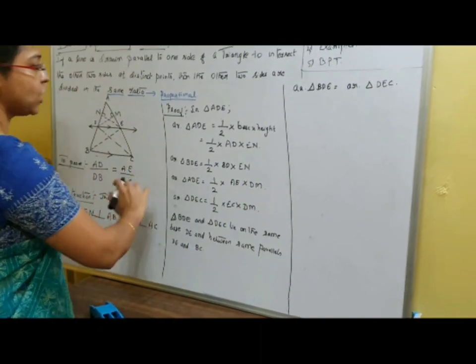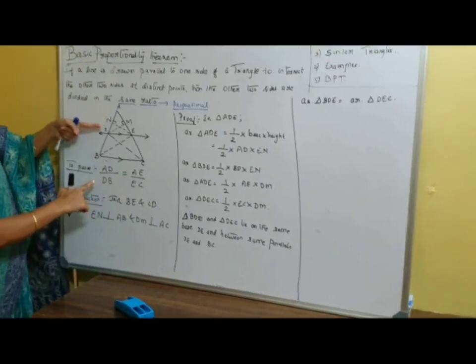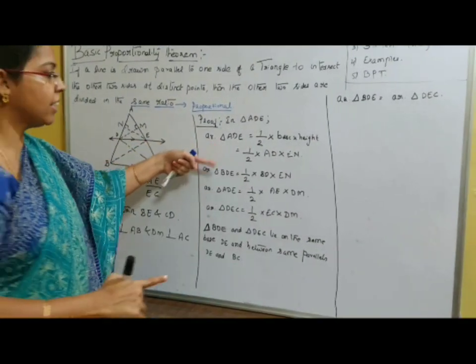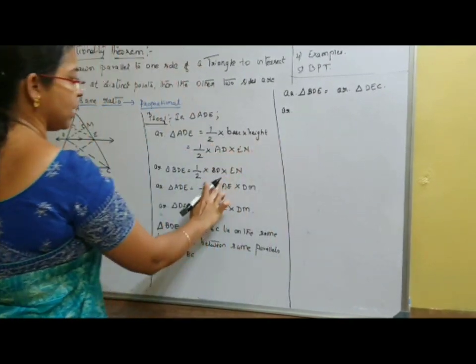Now we need to prove that AD by DB is equal to AE by EC, right? So we will take the ratio of area of triangles from these two equations.